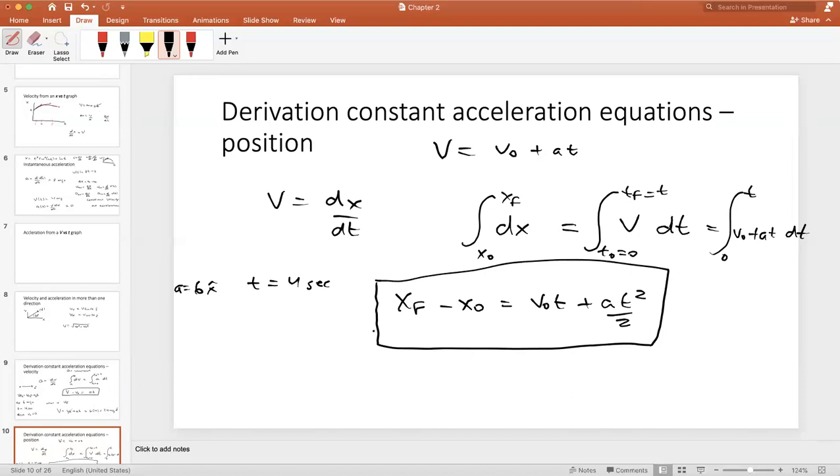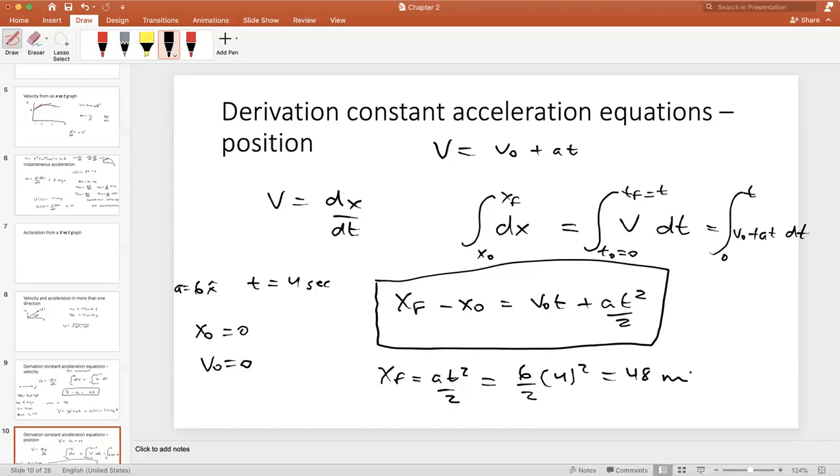We can find the position after 4 seconds, assuming that it starts from rest at position 0. So this goes away, this goes away. And what we get is that x final is at squared over 2, which would be 6 over 2 times 4 squared. 3 times 16 is 48, right? 48 meters.